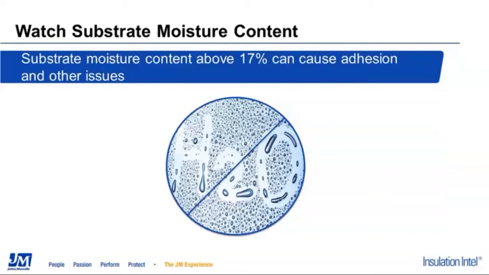It's a guideline, and as your substrates start to approach 17% moisture content, we just want you guys to be aware and concerned about adhesion, cell structure, and that the product's performing as intended. I like a moisture meter that's manufactured by a company called Tramex. That's T-R-A-M-E-X, Tramex. The model is a Moisture Encounter Plus. This is a non-destructive model.